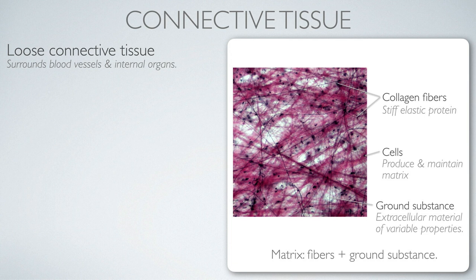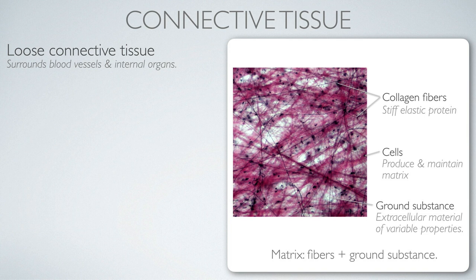Now, most of what we'll talk about for the other types of tissue, that is muscle cells, neurons, and epithelial tissue, we're going to talk largely about what happens in the interior of cells. That is, what is it about those different kinds of cells that give them the special properties that they possess?